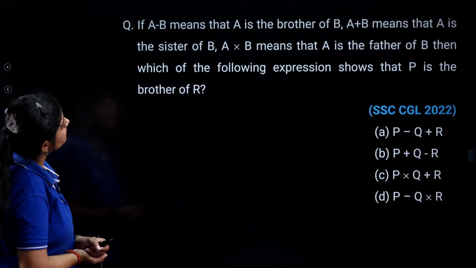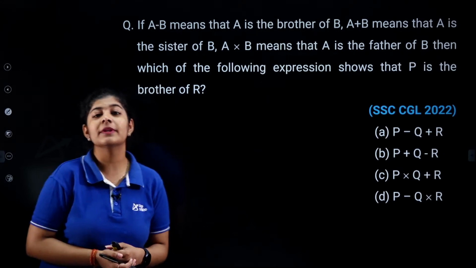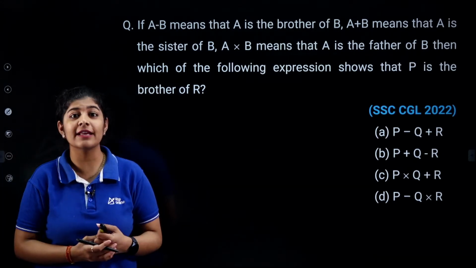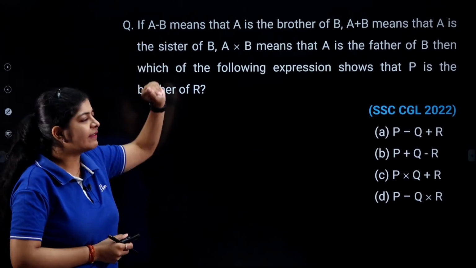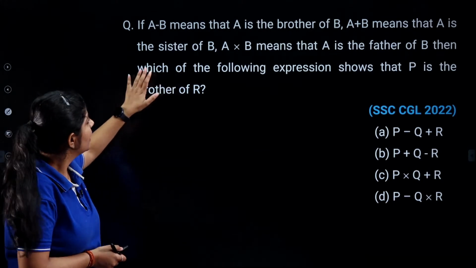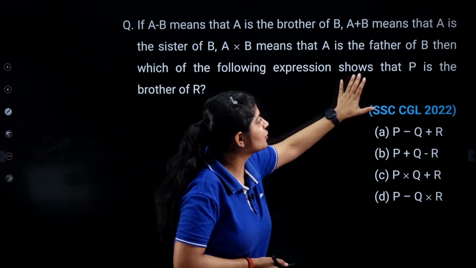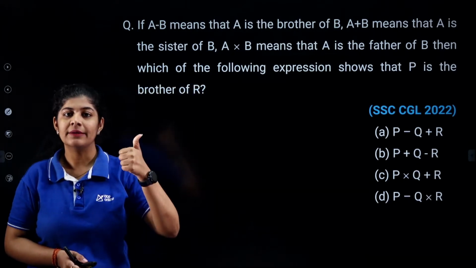Next one. Okay. So again we are having a question from blood relation, and this is again from the coded relations. Here few relations are given, and we just simply directly read the question. Which of the following expressions shows P is the brother of R? What does it mean?